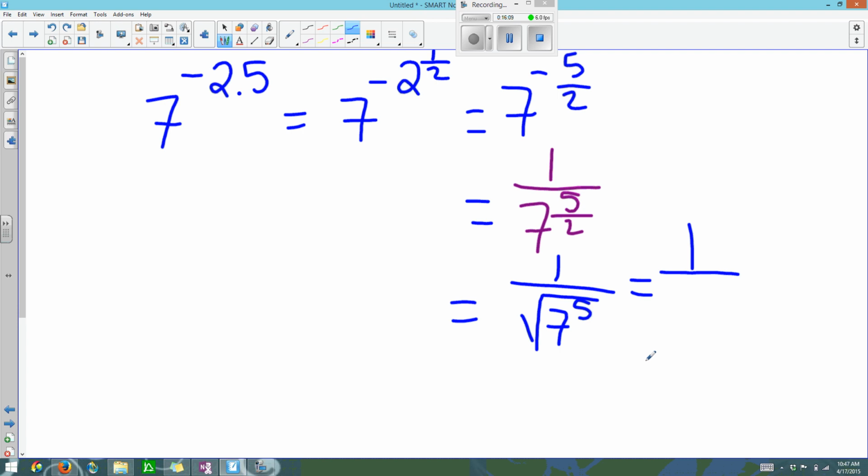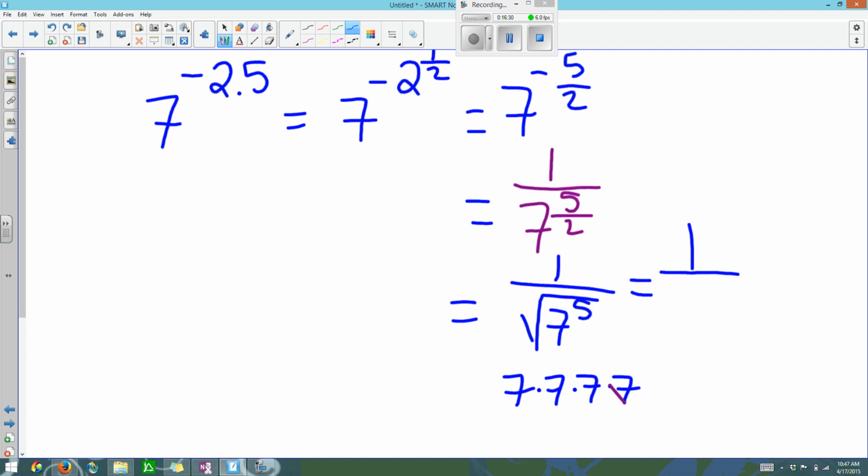7 squared raised to the third power. 7 squared raised to 7 cubed raised to the second power. Well, if we had 7 raised to the second power, that would actually be 7 to the 6th. Okay. Well, what does 7 to the 5th mean? It means we have 5 7s, right? 5.